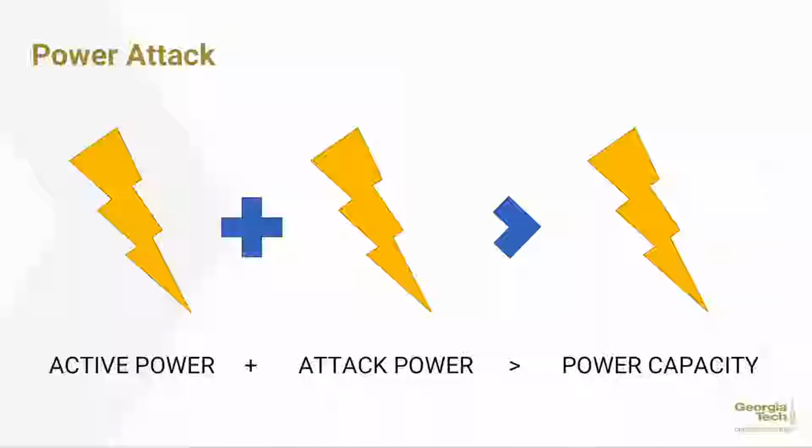So a successful power attack occurs when the current active power plus the additional attack power is greater than the power capacity as a whole. This will lead to something called a power emergency, and a power emergency could lead to a circuit breaker being tripped, and then that would cause an outage in the data center as a whole.